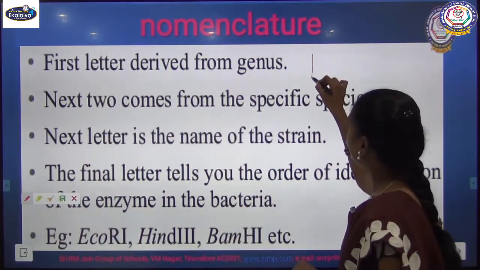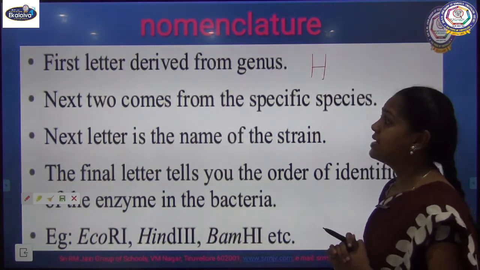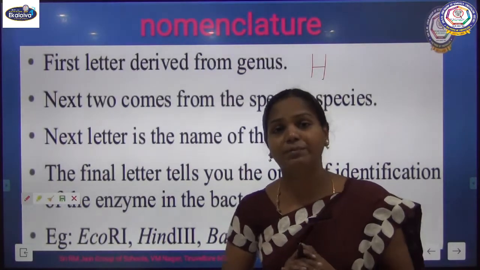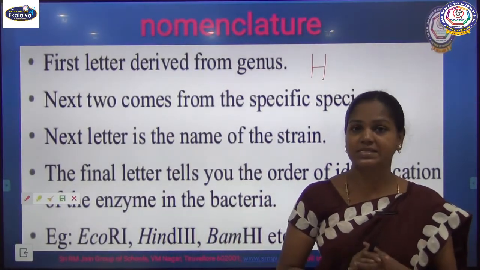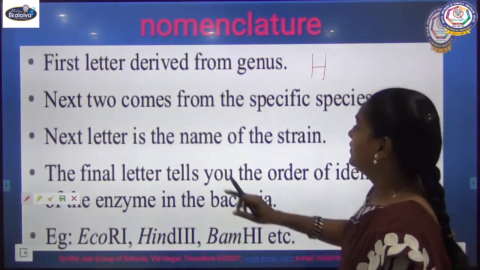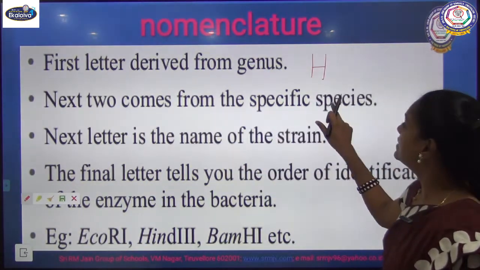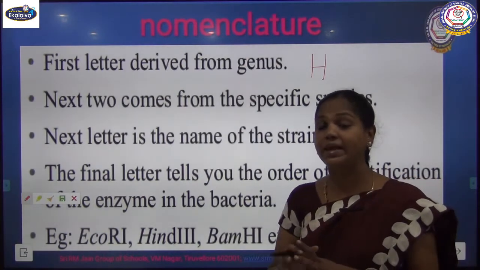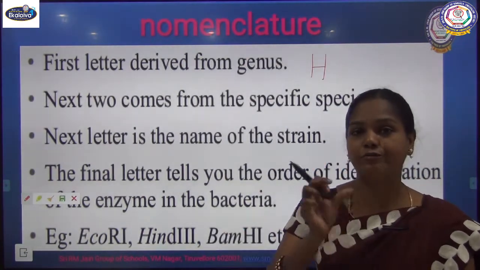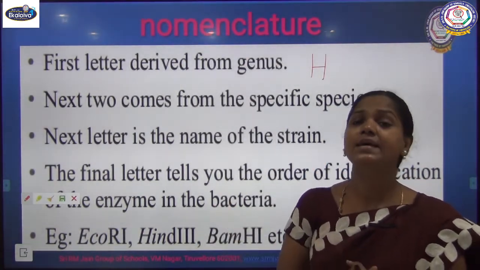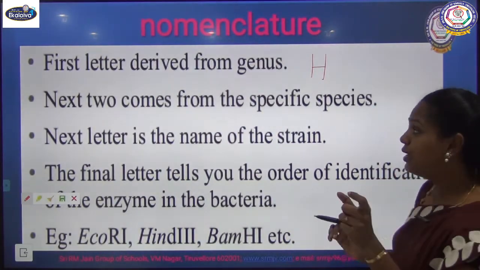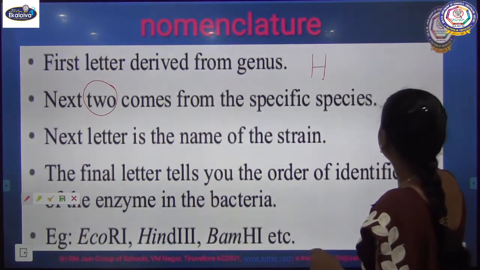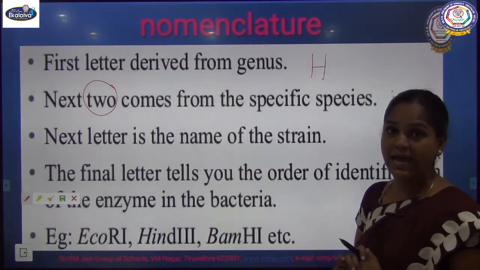In that, H is in capital letter and is taken from the genus of the bacteria, that is Haemophilus. Then the next 2 letters come from the specific species name. What is the species name there? Influenza. Haemophilus influenza, influenza is the species name. So the second 2 letters are taken from the name of the species, that is IN.